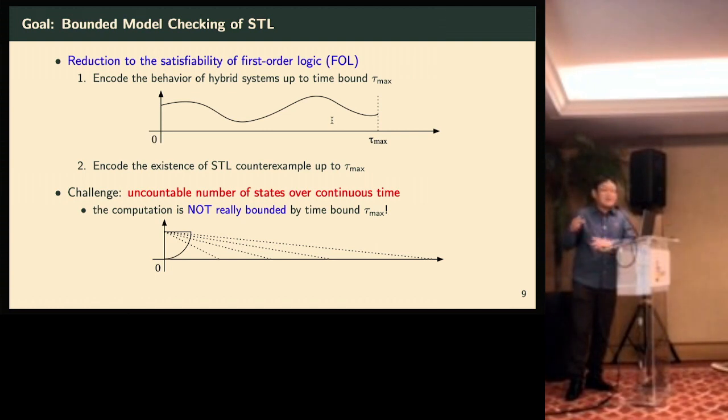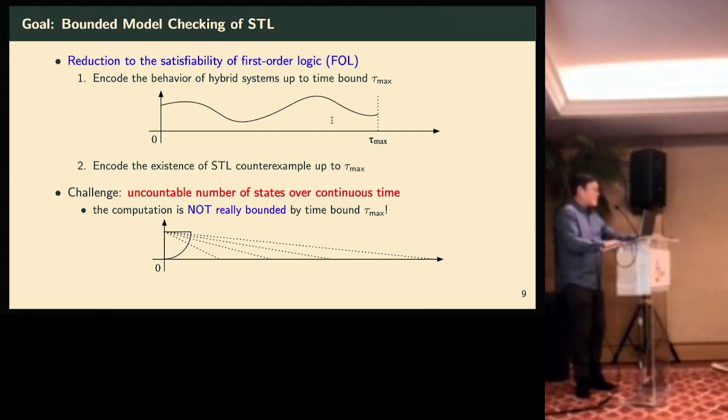For real-time systems, typically we assume non-zeroness, so the change of state happens only a finite number of times. But by the definition of signal temporal logic, the change of states could be infinitary. Therefore, we cannot assume non-zeroness of the real-time system.